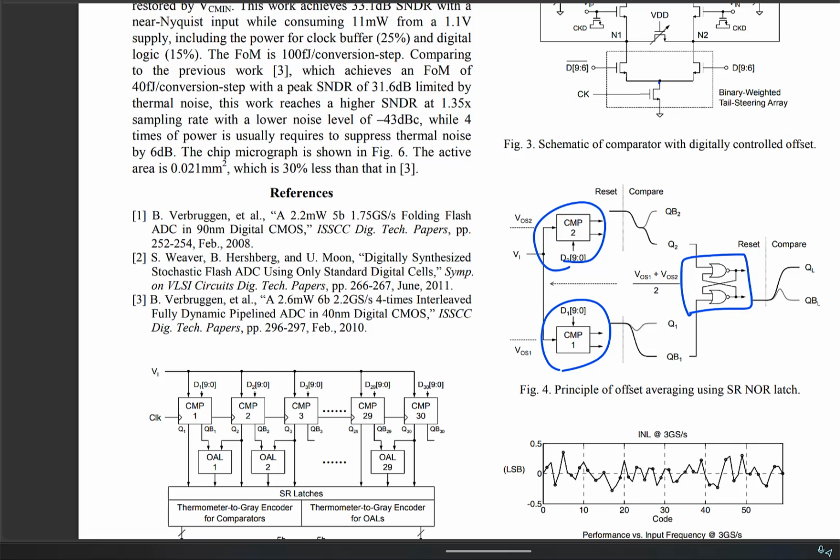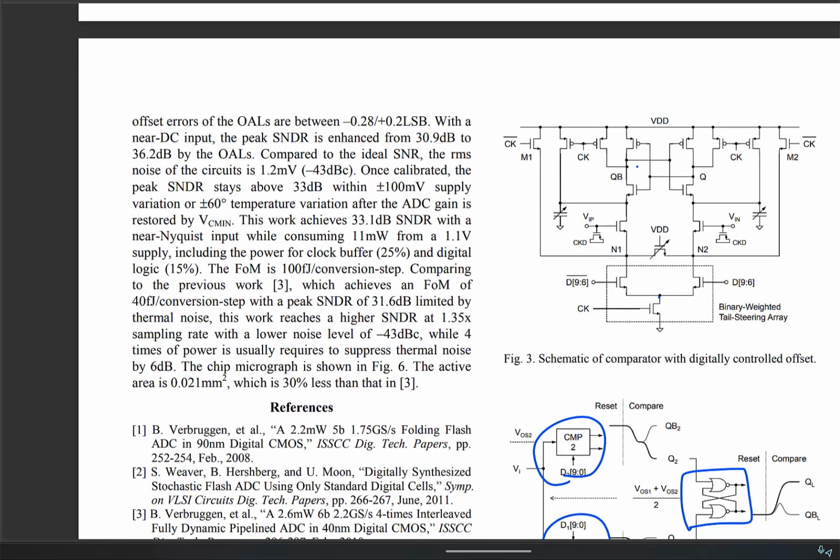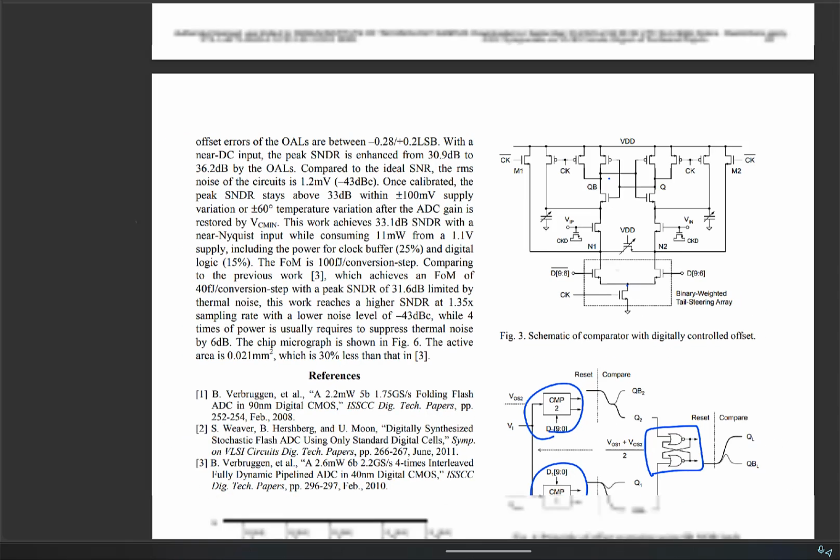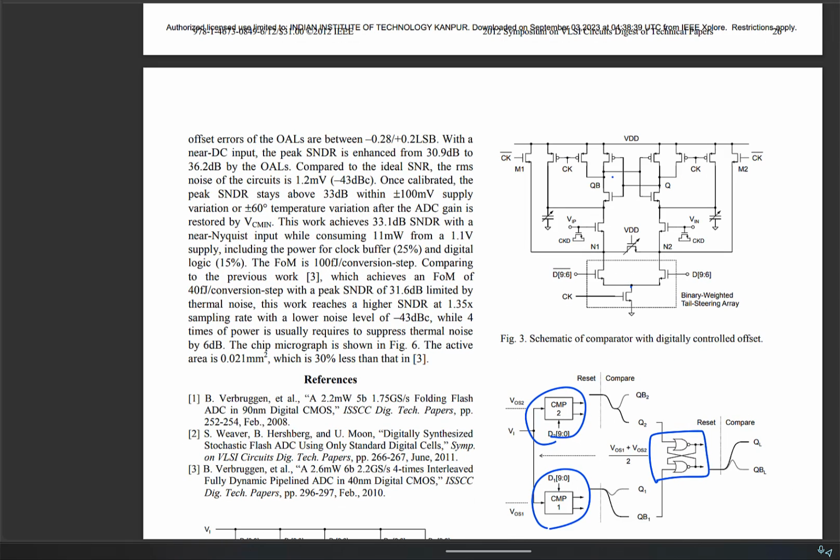And the other interesting thing to note is the comparator architecture itself. So here, if you look at this, focus on this part. What does it remind you of? Assume that this is basically connected to something like this. I have a differential pair like this, cross coupled CMOS inverter. This is essentially your strong arm latch. Okay. So in addition to this, they seem to have added some things here.